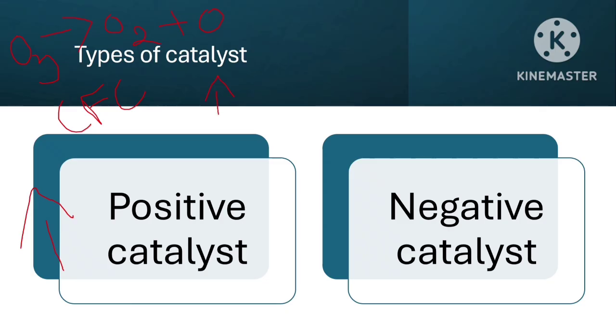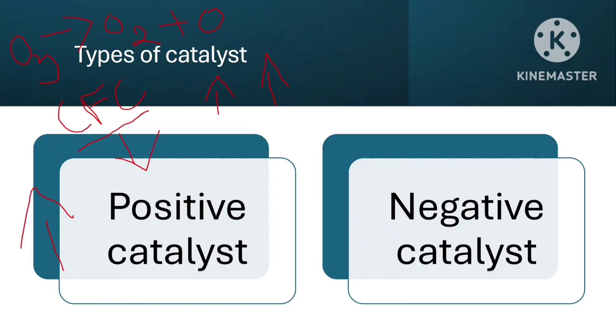In the same way, it will accelerate the decomposition of ozone layer. Hence, CFC, chlorofluorocarbon, we call it a positive catalyst for depletion of ozone layer or decomposition of ozone. Understood?